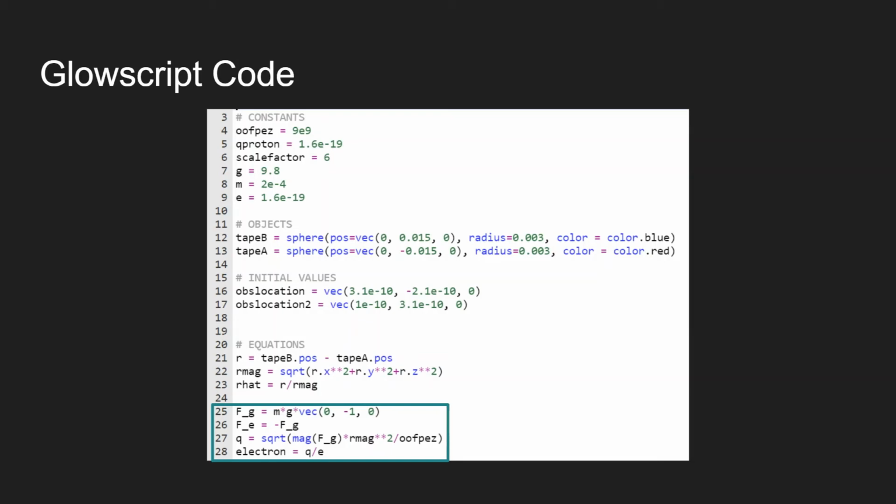And I've rearranged the equation for electric force to calculate the Q, which is charge on one tape, which is equal to the square root of magnitude Fg times the distance between two tapes squared divided by the constant 9 times 10 to the 9th.